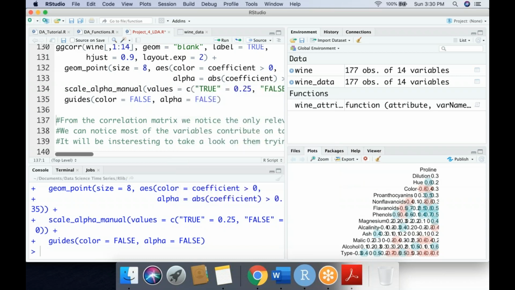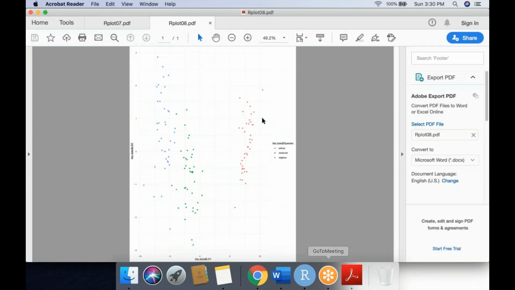So we can see here, as you're talking about proline, let me save it and see. Is proline contributing to type classification? May not be much.